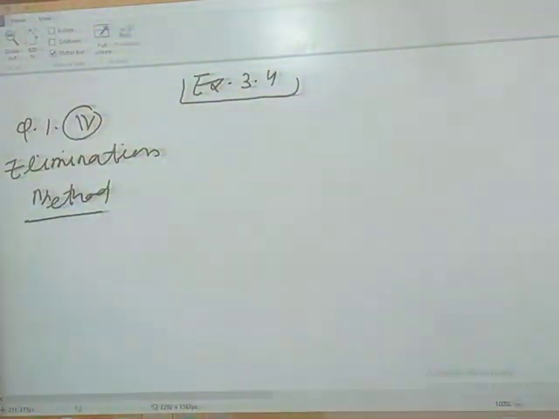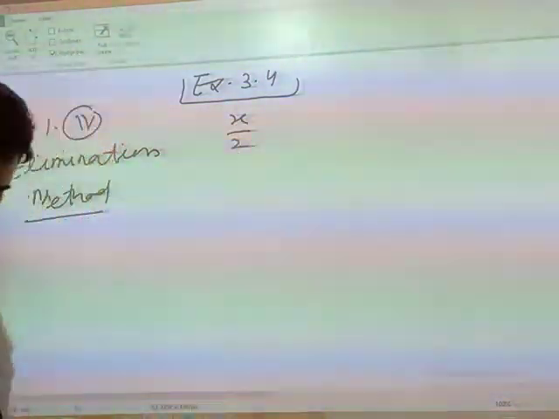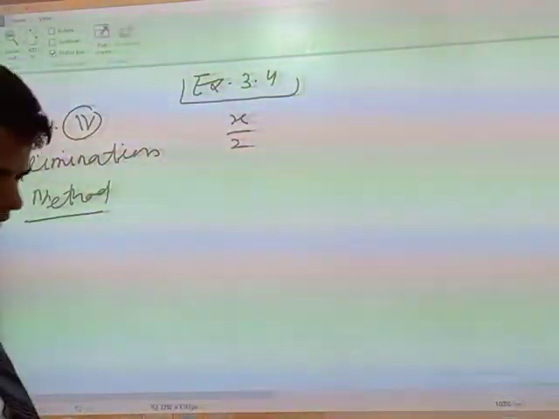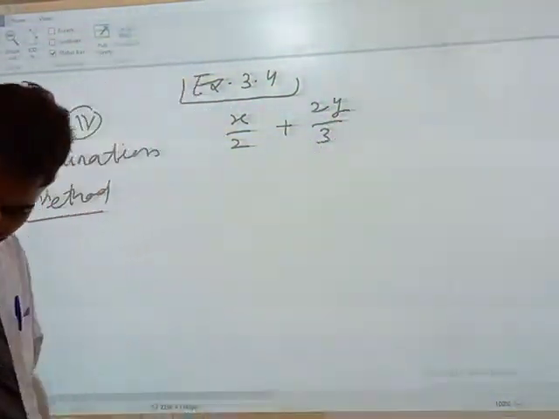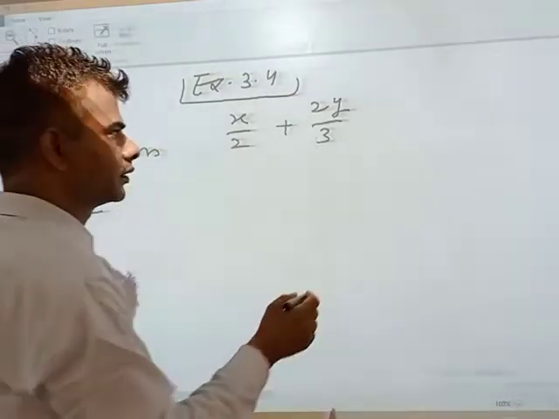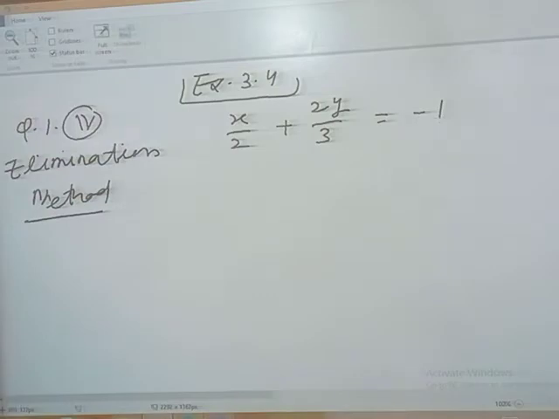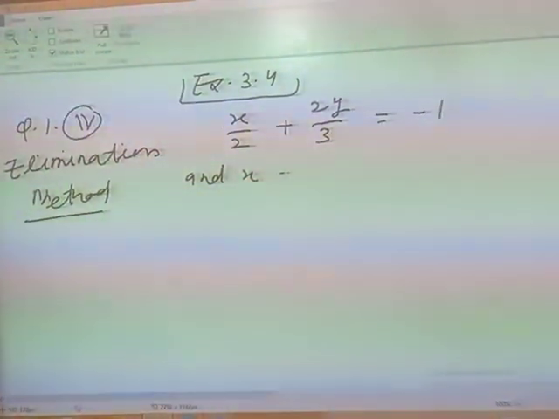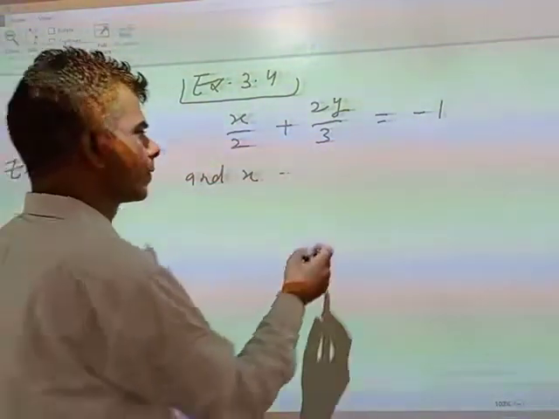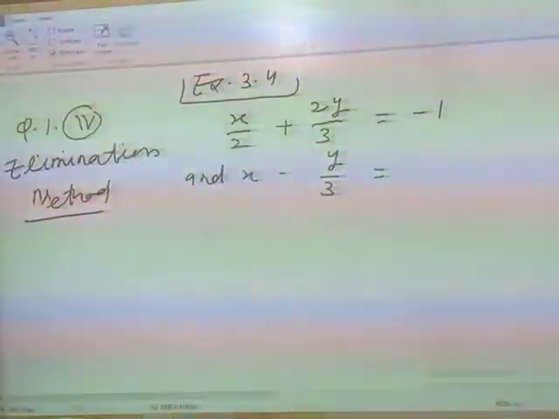Students, x by 2 plus 2y by 3 is equal to minus 1, and x minus y by 3 is equal to 3.